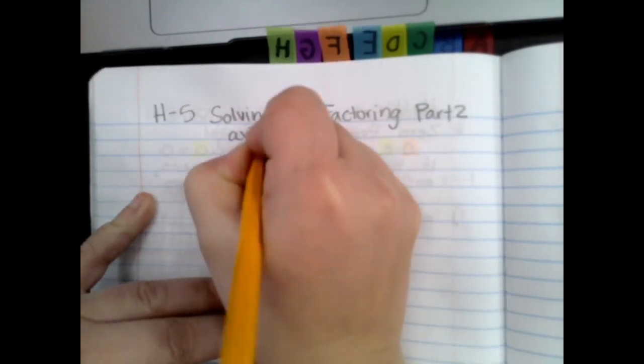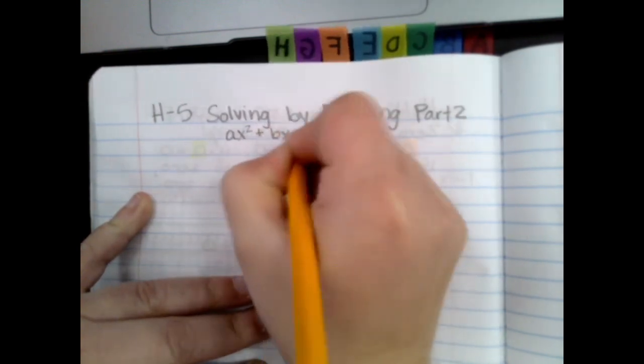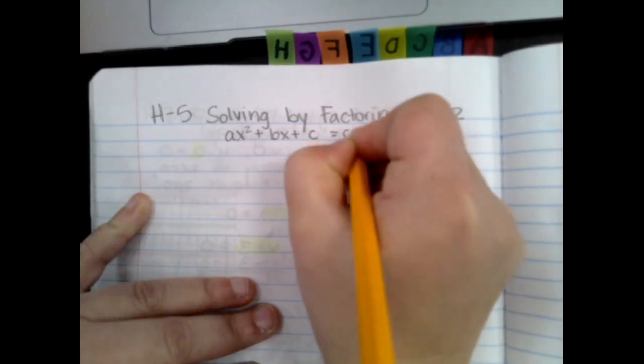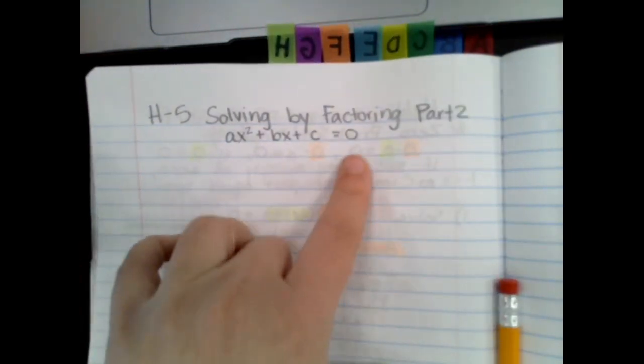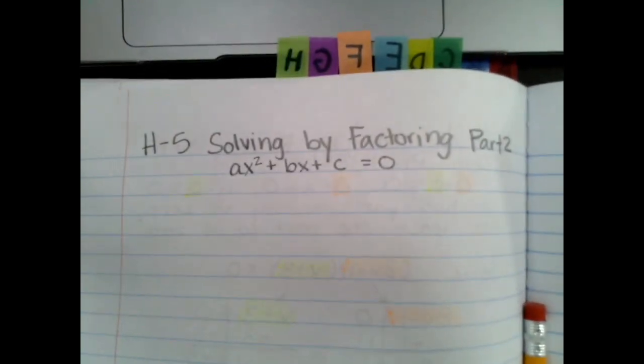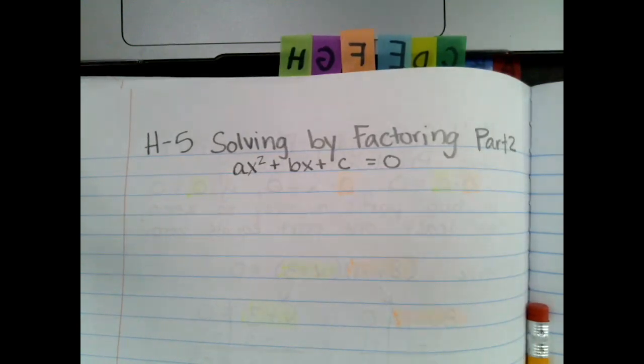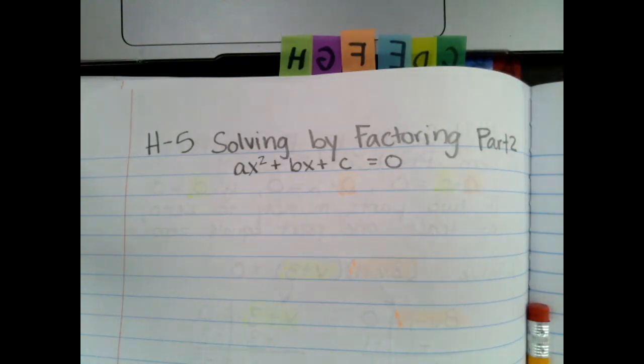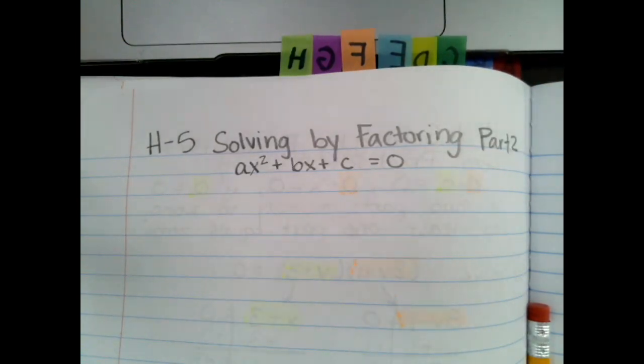Ax squared plus bx plus c, and our goal is that it needs to equal 0. So ax squared plus bx plus c equals 0.